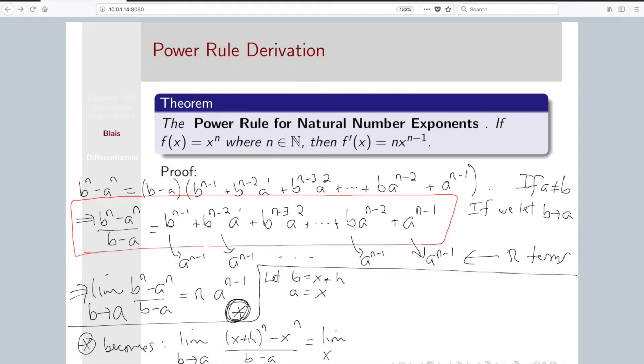But now let's note, what's b minus a? Actually do the subtraction here. b minus a is x plus h minus x. So b minus a is h. b approaching a means h approaches 0.